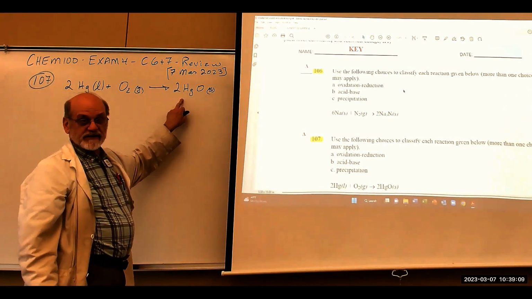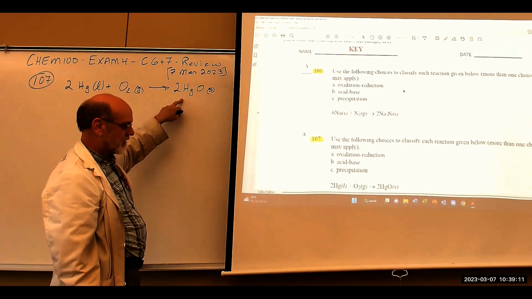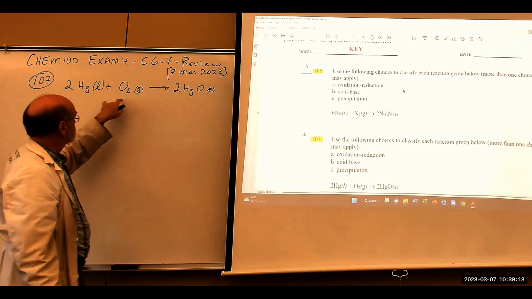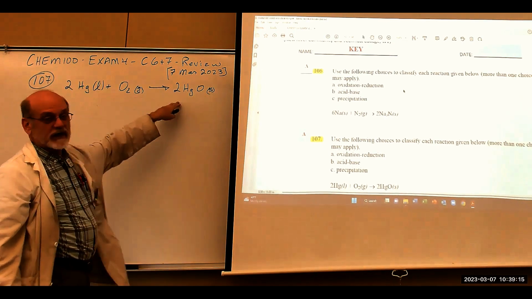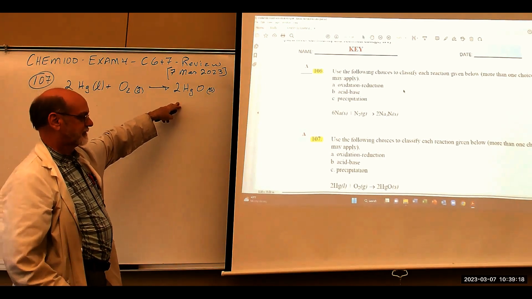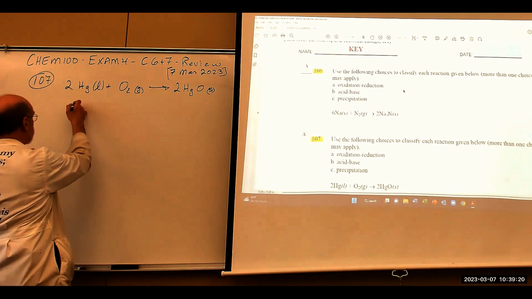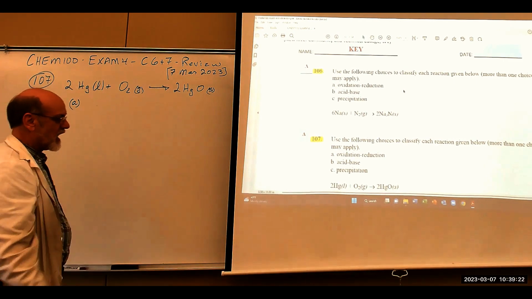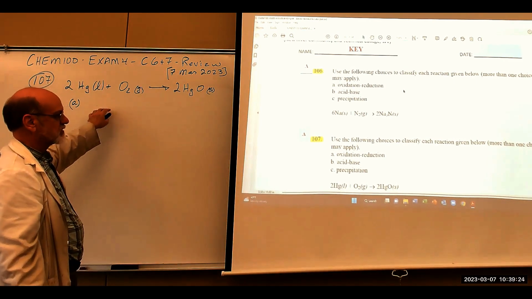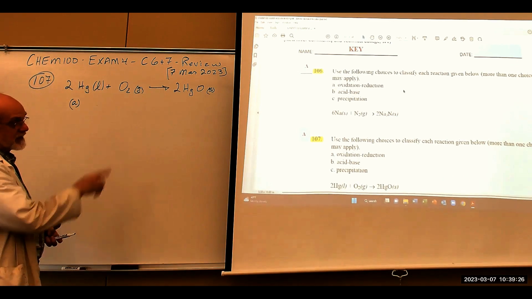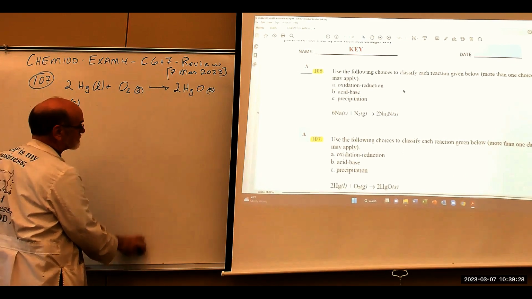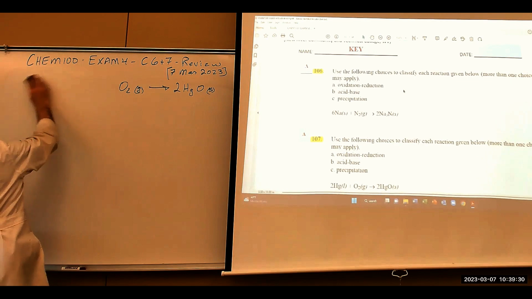Element, compound. That's a synthesis. Is that there? Nope. But this synthesis is also an oxidation reduction reaction. Right? So we got that one. That's A. It's not an acid base. It's not a precipitation. Okay. So 107 is like 106. Same type of reaction.